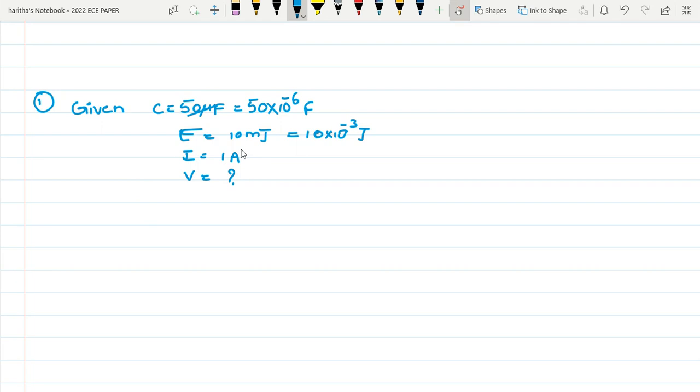So we have energy and voltage and capacitance value. So let's take a relation between the energy stored in a capacitor.